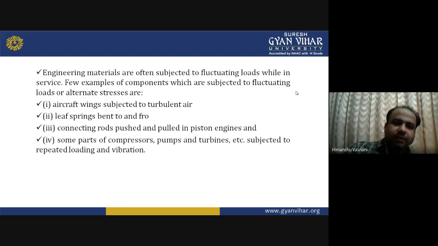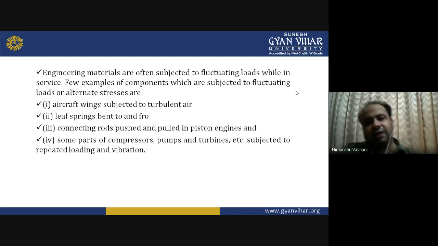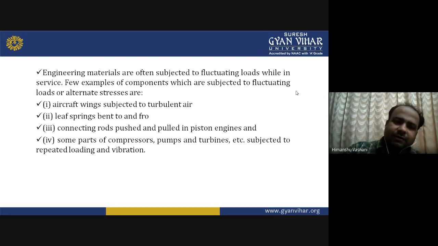Engineering materials are often subjected to fluctuating loads while in service.